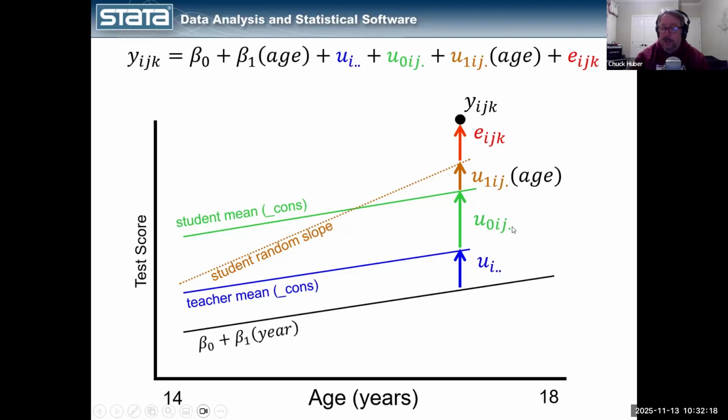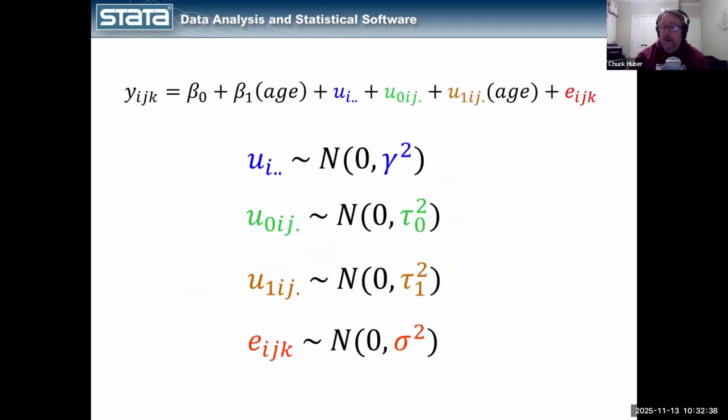That's the u_0ij. Then we have that brown line again, which depends on where we are on the age axis. That's the random slope. We refer to that as a random slope. And then we have the deviation of the observation from that unique regression line for each student. So now we have four of these random effects, and we're going to make that same assumption.